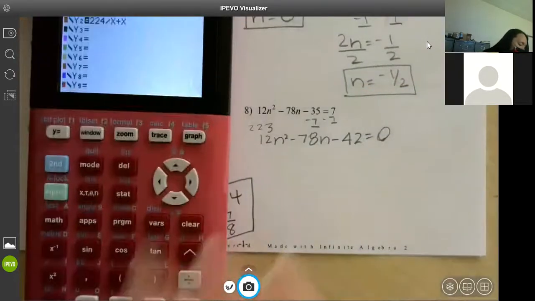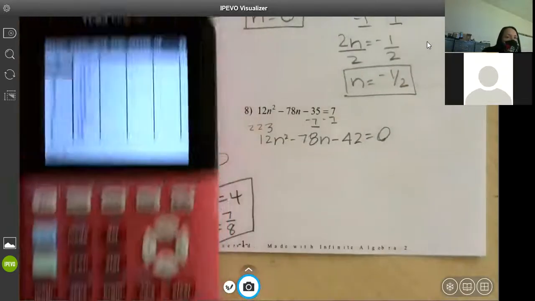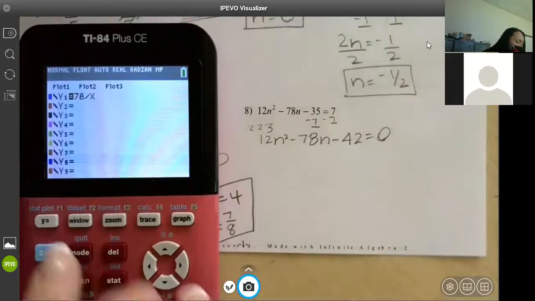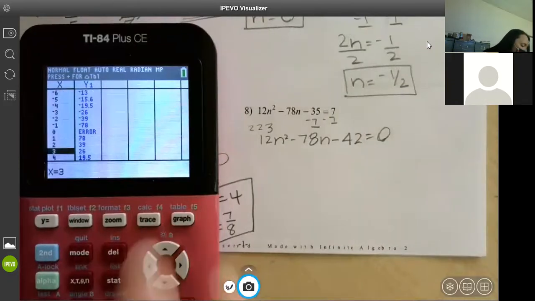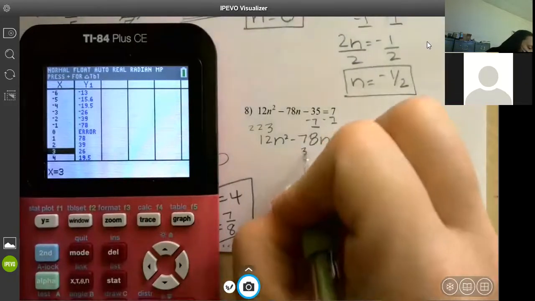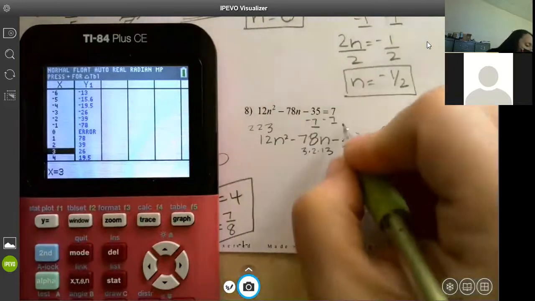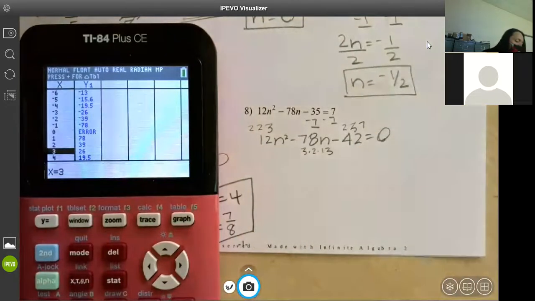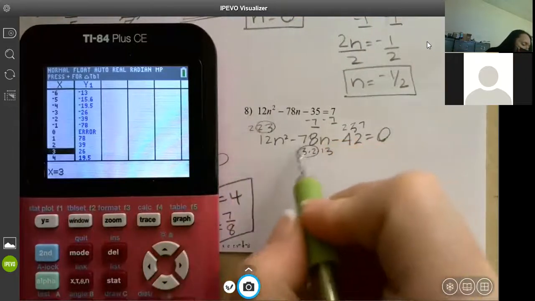If you're not sure about 78, you can try it in your calculator. I did 78 divided by x, so you guys can see that. I have 3 and 26. So 26 is 2 and 13. 42 is 6 times 7. So if you look, there's a 2 and a 3 in common.